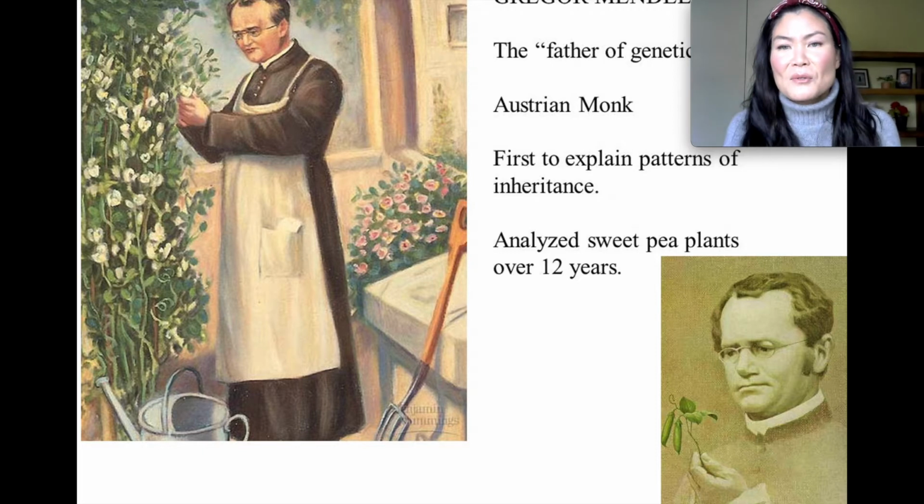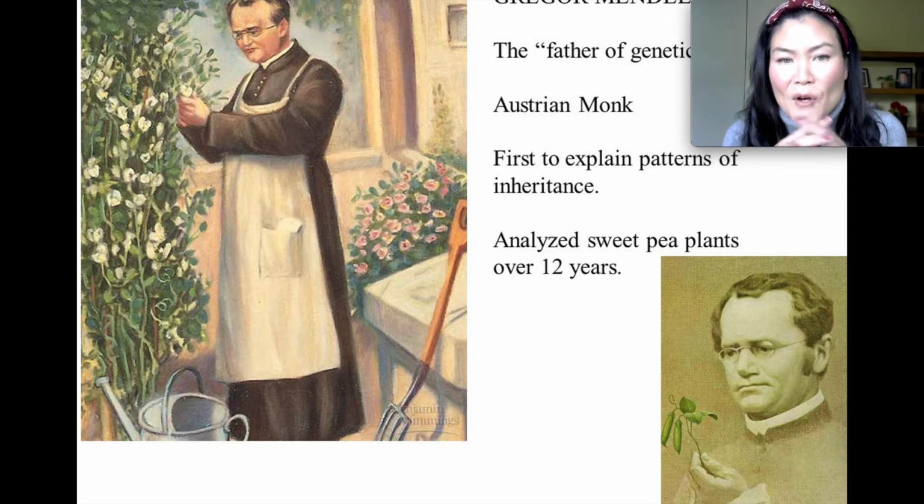So he combined those two passions. With all the time he had on his hands, he combined math and botany together, and he studied pea plants. As a result of his 12-year-long study of these pea plants, he discovered a lot of patterns of heredity that we're going to be learning about in this chapter.